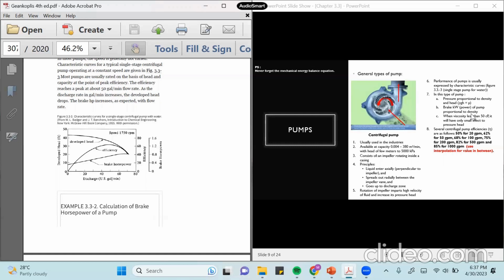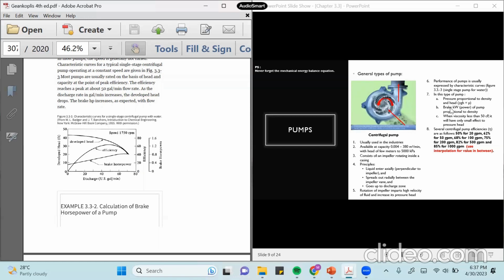You can imagine, if I move water and if I move, let's say, sugar caramel. Sugar caramel has a higher density and also higher viscosity, right?